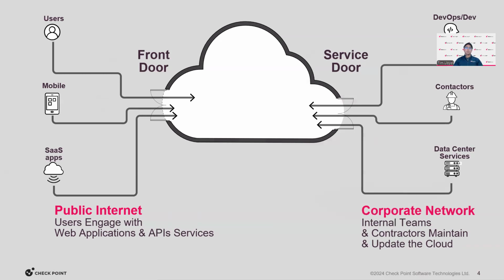For administration, management, deployment of cloud infrastructure and assets. We might also have DevSecOps engineers using the cloud for its development cycle. And you might have other corporate teams accessing the cloud assets through the service door.